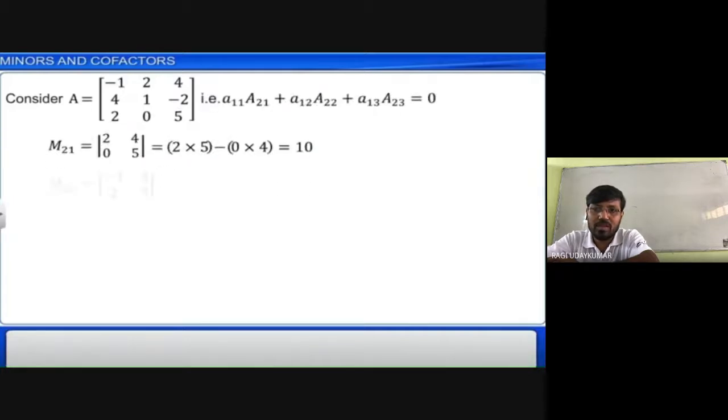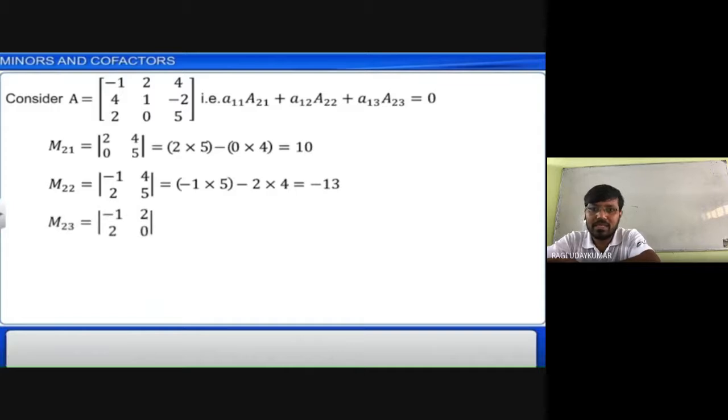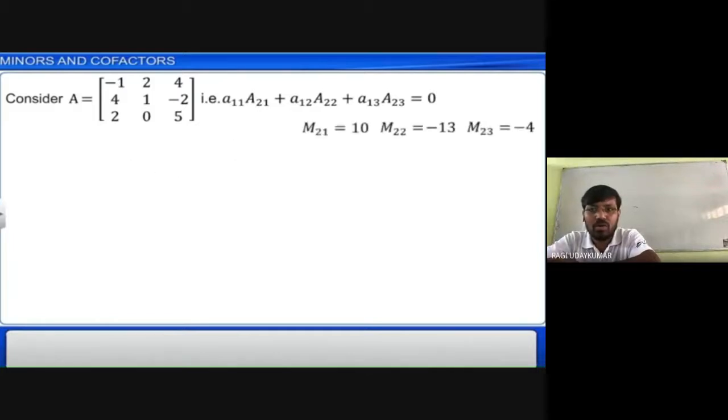First we have to find A22, so we find M22. M22 we get is -13. To find A23, M23 is equal to -4. Now A21 is nothing but -1 to the power of 2 plus 1 into M21. So we are going to get -10.